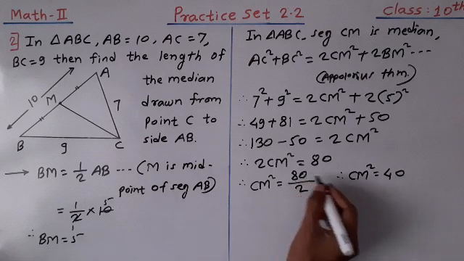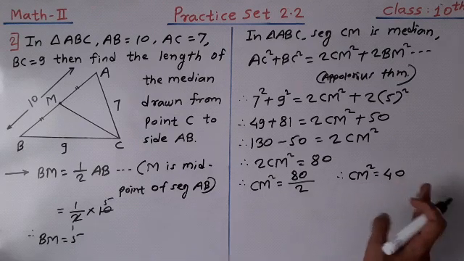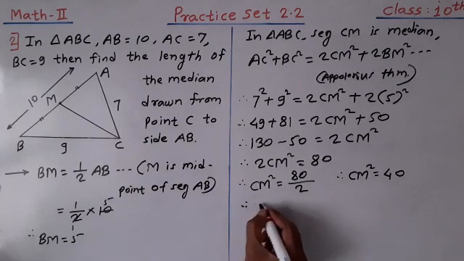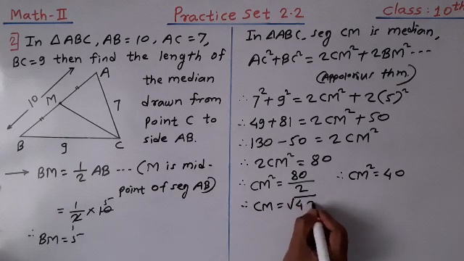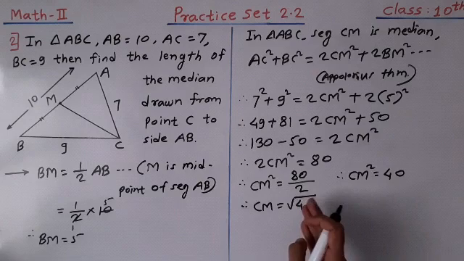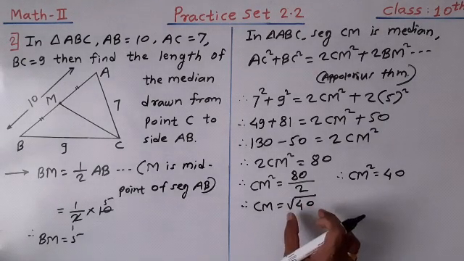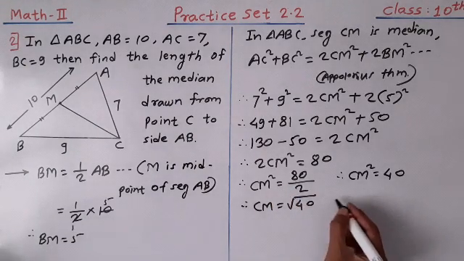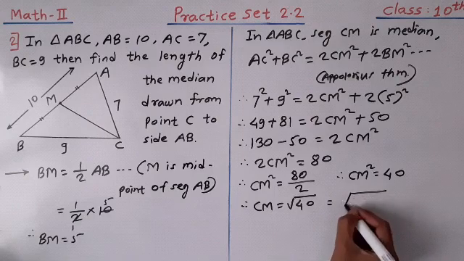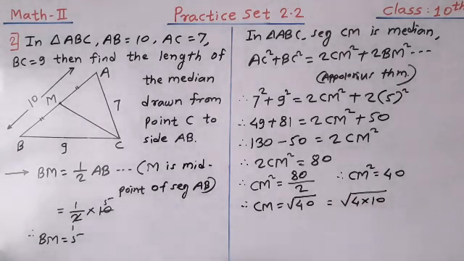2 4s are 8, 2 zeros are 0. So it is 40. And if we take square root on both sides, we get CM is equal to square root of 40. But 40 is not a perfect square number, so we will have to split it into two numbers such that one of them can be taken outside the square root. Means splitting up of 40 can be in two factors. 4 tens are 40.